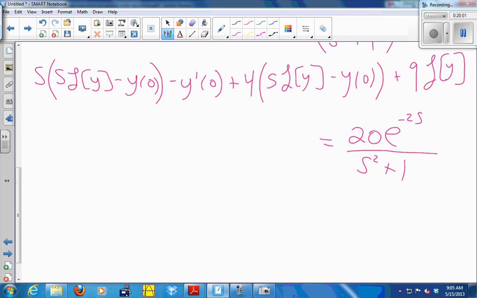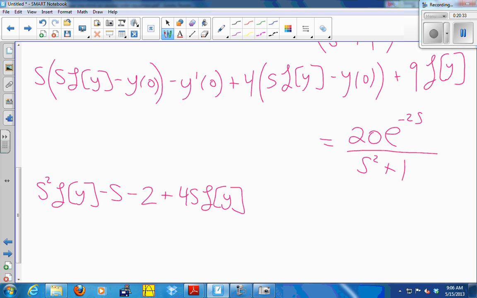All right, so I'm going to do some distributing and some plugging in. So y of 0 is 1. So I'm going to have s squared times the Laplace of y minus s, distributing my s, minus y prime of 0, which is 2, plus 4s times the Laplace of y.